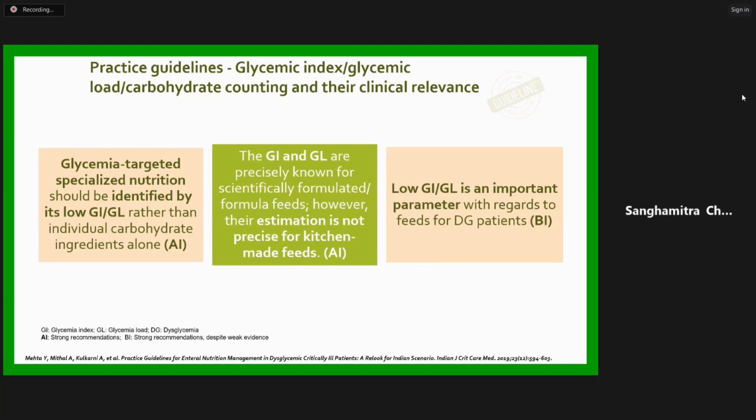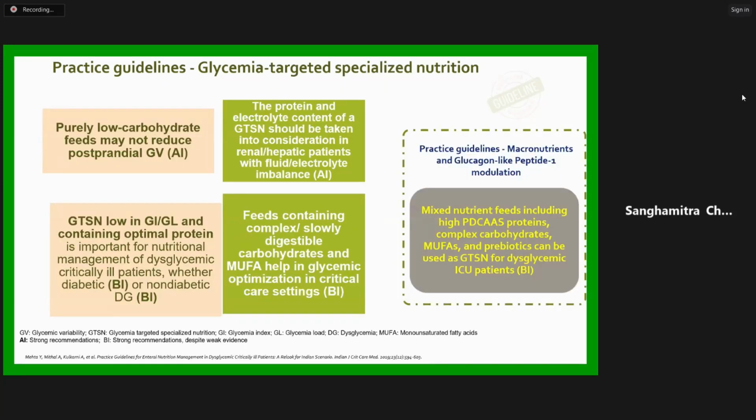Next slide. Other practice guidelines include that in order to target glycemia, purely low carbohydrate feeds may not reduce postprandial glycemic variability. There can be more fluctuations, as a matter of fact.